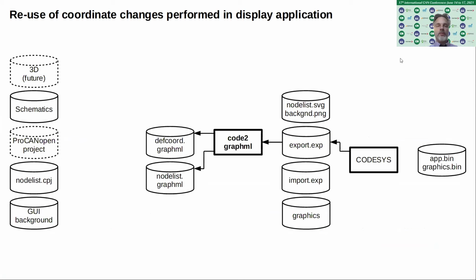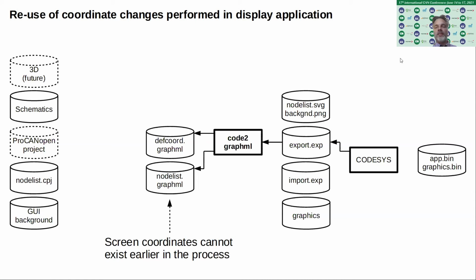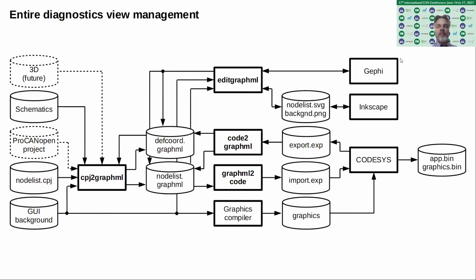The result is that we can also reuse, we can even in the IEC programmable display, we can do in the IEC code, coordinate edits, and then bring them back to the GraphML format. And the entire management looks like this.